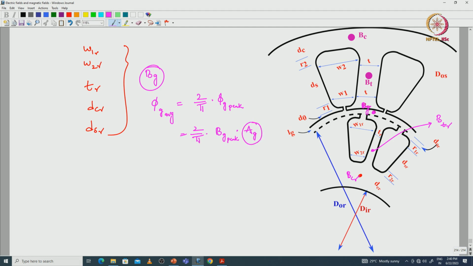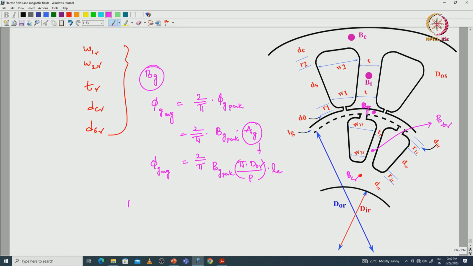Here for the area of cross section with respect to the air gap, we have to consider the rotor outer diameter, represented in terms of D0R. The X axis length will be pi D0R divided by p, and the Y axis length is LE. Bg peak will be there as it is. This is phi g average, the flux per pole.